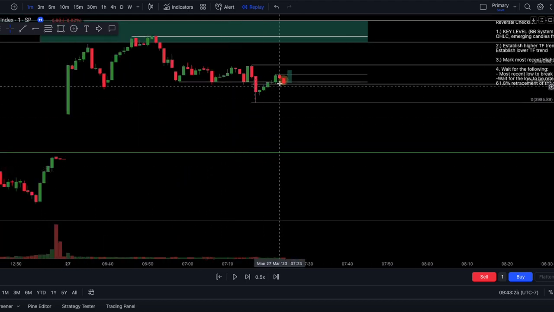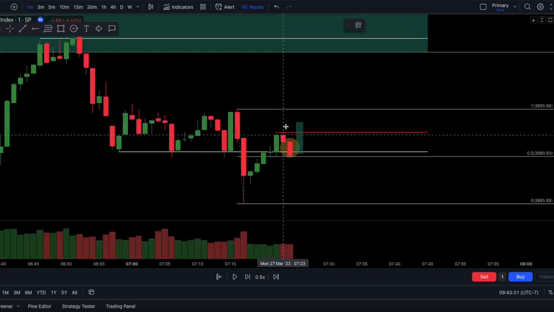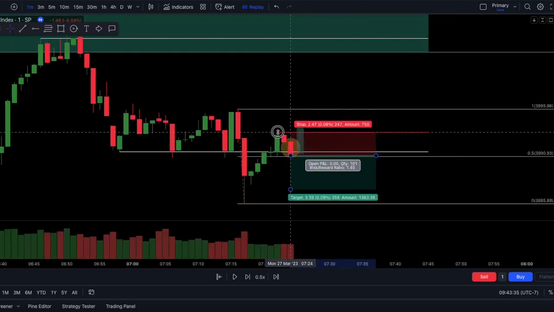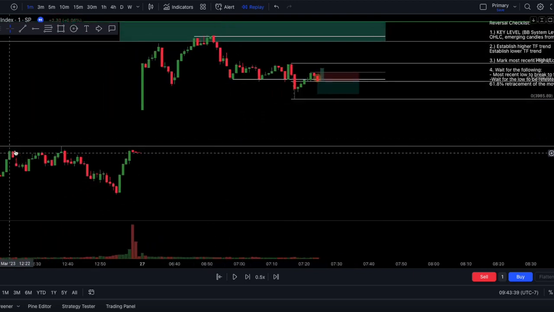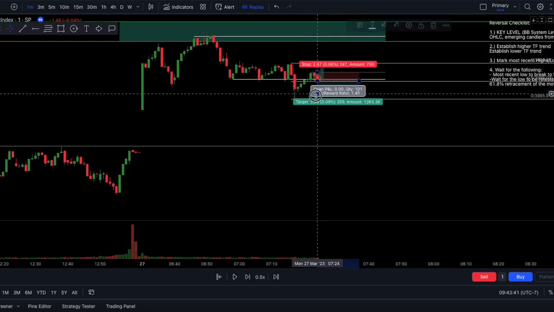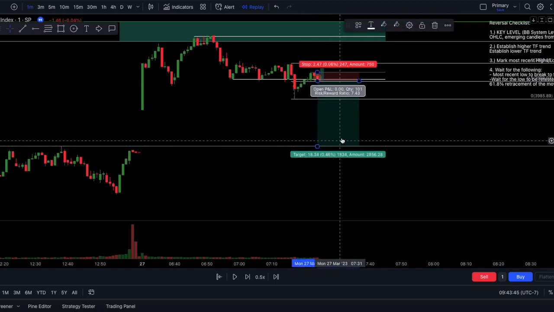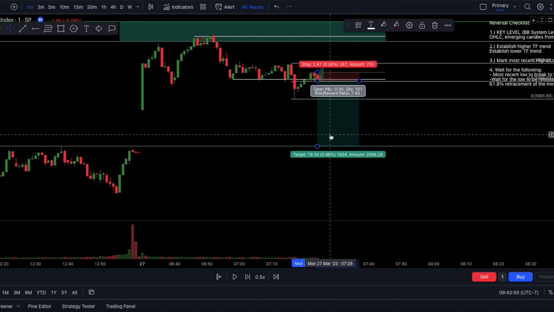So again, we entered here, that's our stop loss. So we can mark just how good of a risk to reward this is. Since this is our target down here, the previous day high, you're looking at a 7-to-1 risk to reward ratio.